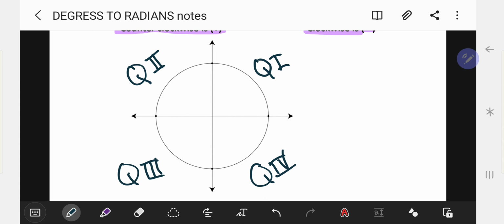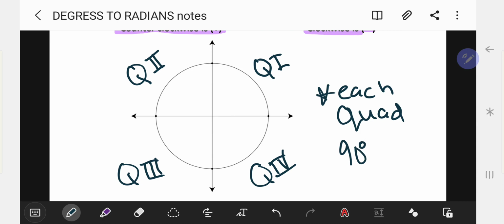Each quadrant has 90 degrees in it, or in other words, pi over 2 if we're talking about radians. Each quadrant has 90 degrees within it, so this is 90 degrees.